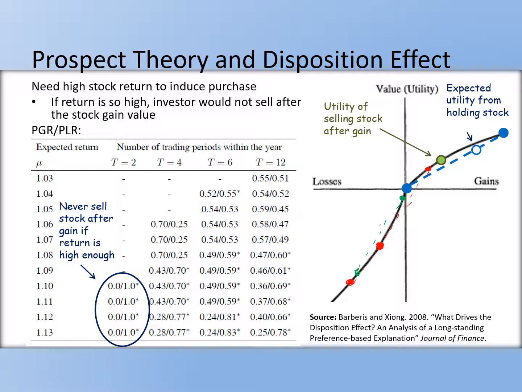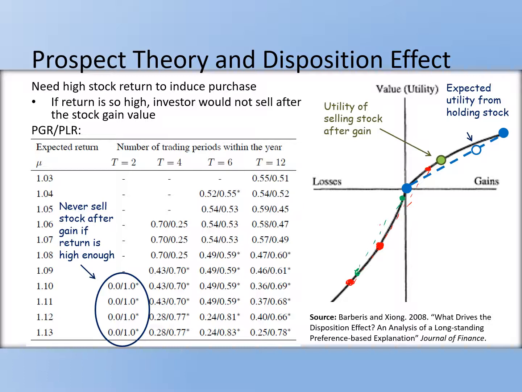Because of the kink, the optimal strategy is to keep yourself within the convex slope and not extend yourself to the gain region. Once you extend yourself to the gain region, you can see the red line is actually lower than the green line, because the slope here is lower. The optimal strategy is to keep yourself in the convex region and not extend yourself to the part where the slope starts going back down.